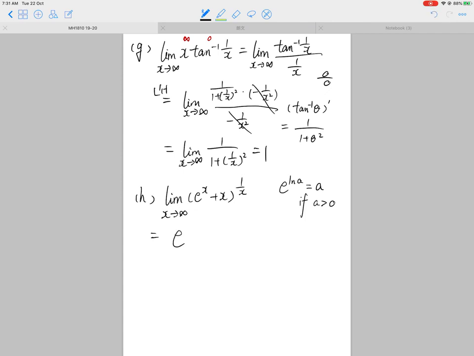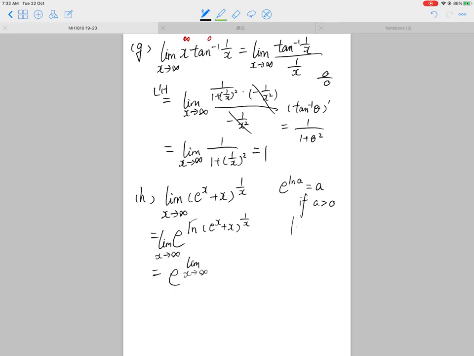So it's e to the power of ln of this. When x is approaching positive infinity, because this is a continuous function, the limit of e to the power is e to the power of the limit.